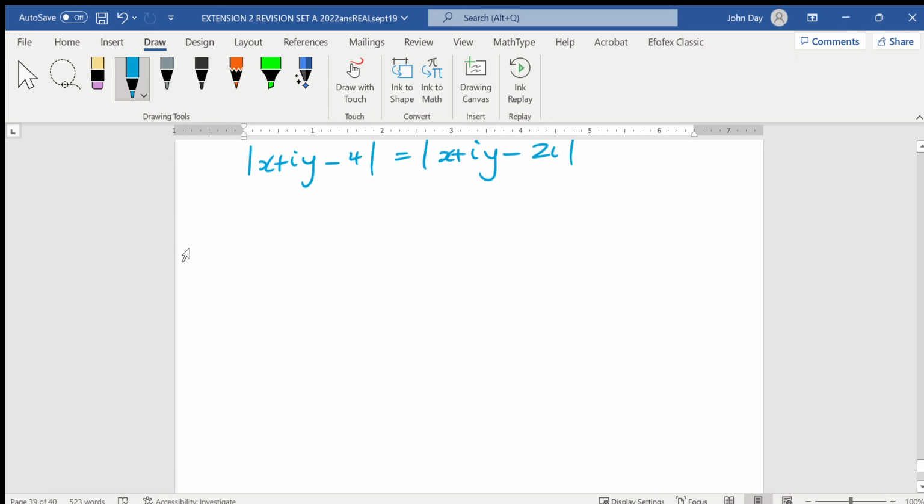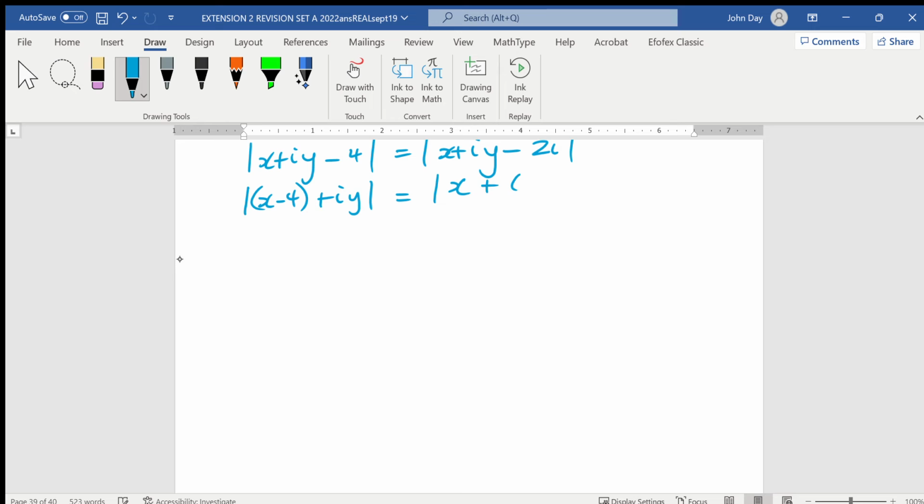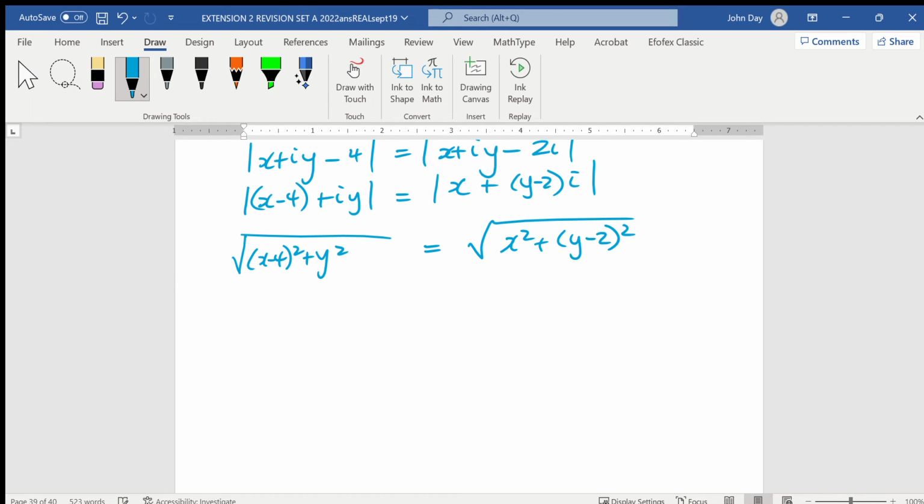So we've got to work that through. So we know that this actually says x minus 4 plus iy equals x plus y minus 2i. And then the mod is just the square root of x minus 4 squared plus y squared here, and the square root of x squared plus y minus 2 squared.